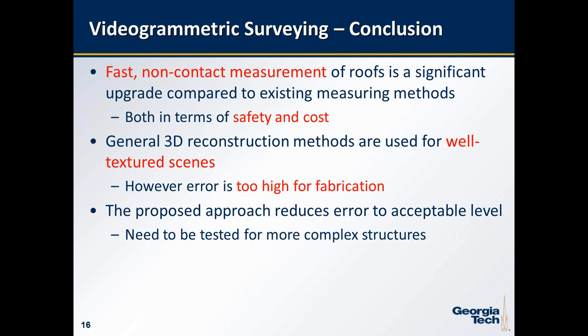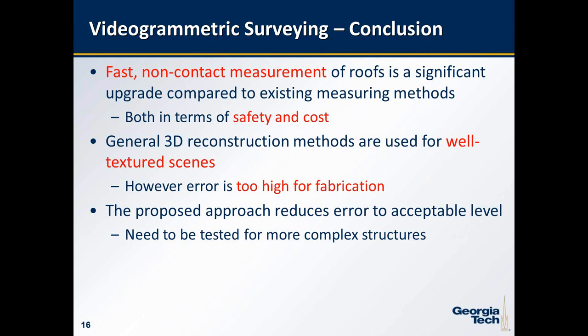The point was that general 3D reconstruction methods from photos or videos can usually be used for well-textured scenes, and they can generate good results with centimeter level accuracy, but these errors could be very high for the non-textured environments that we are dealing with, and hence it is not good for the fabrication that we are interested in. So the approach proposed in this presentation reduces the error to an acceptable level by combining higher level visual features in addition to points, like lines and planes.